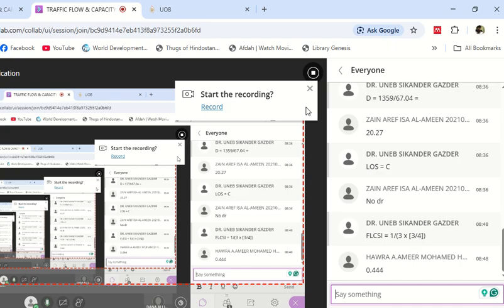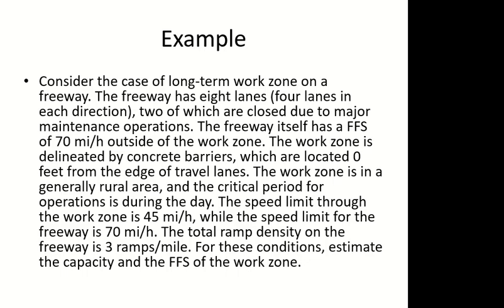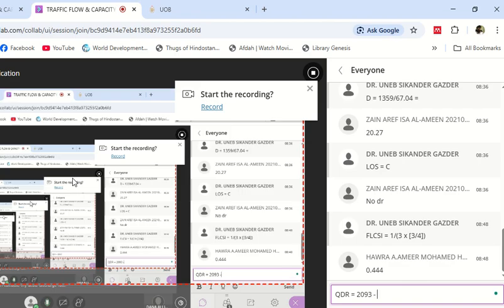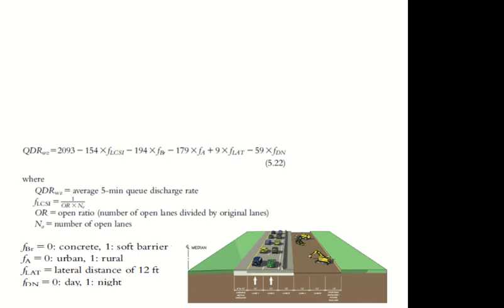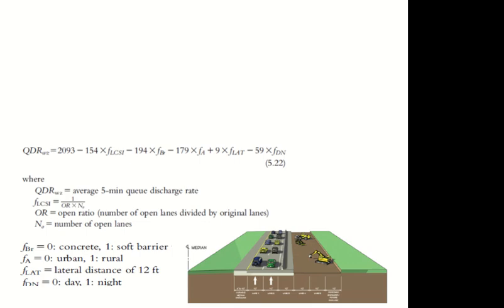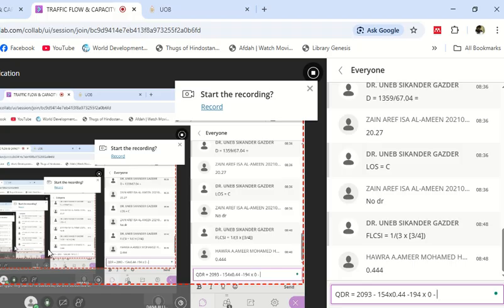Now I can calculate my Q discharge rate. So 2093 minus 154, 0.44, minus 194. The factor for barrier type: my barrier is concrete, so this becomes 0. The factor for area type: my area is rural, so 1.